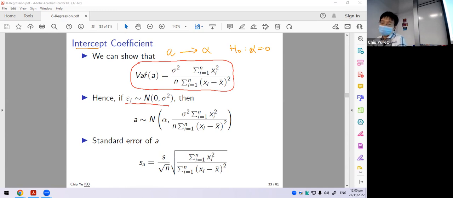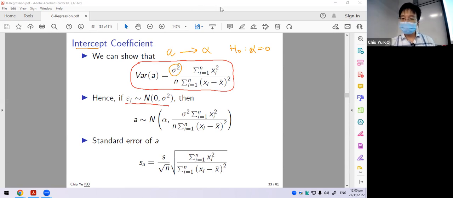The proof is in the slides, but I'll try to convince you this is correct. There are several items here. The first one is sigma square. I think you agree that if the data has more variability, the A you get will have much more variance.